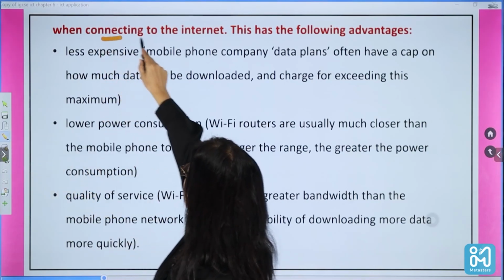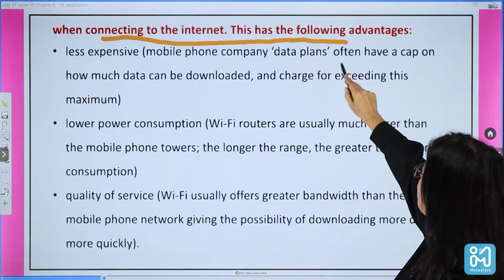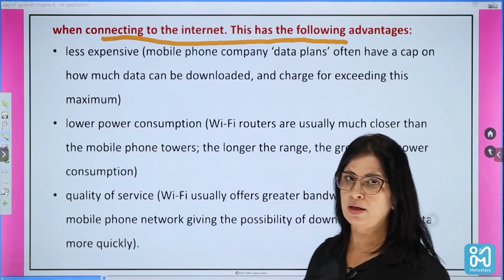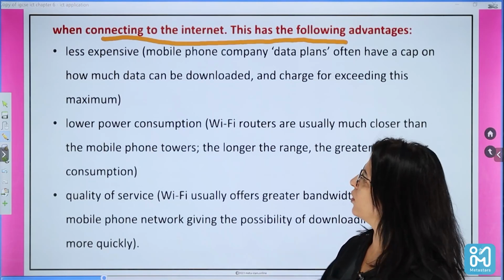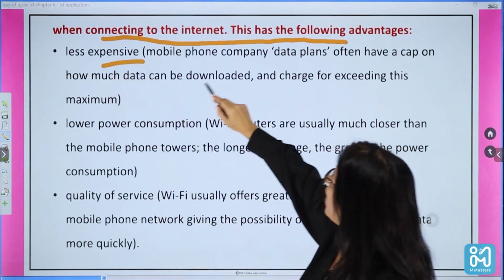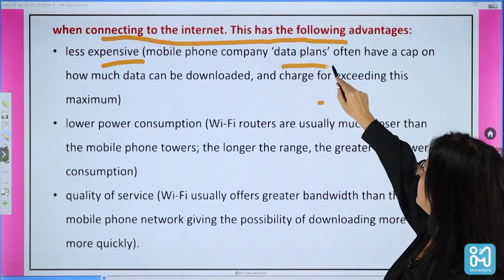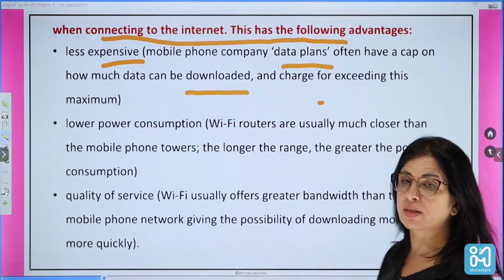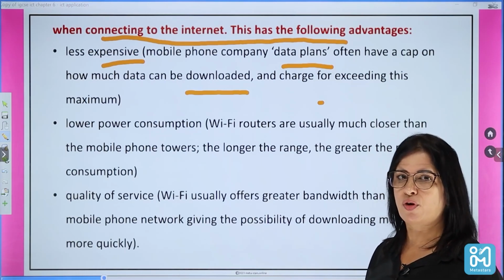When connecting to the internet, Wi-Fi has the following advantages over the mobile network. Less expensive: mobile phone company data plans often have a cap on how much data can be downloaded. Yes, you always have a limitation for your 4G.